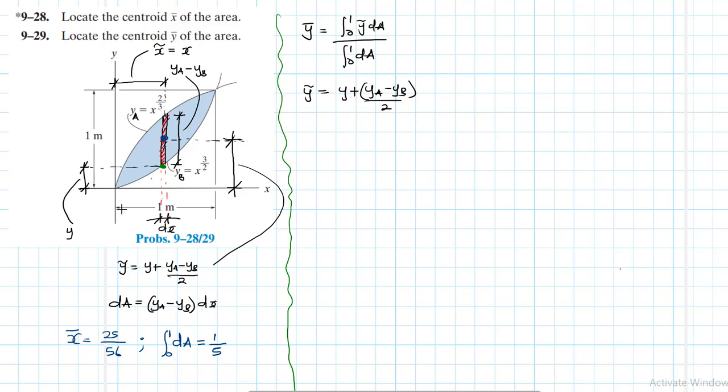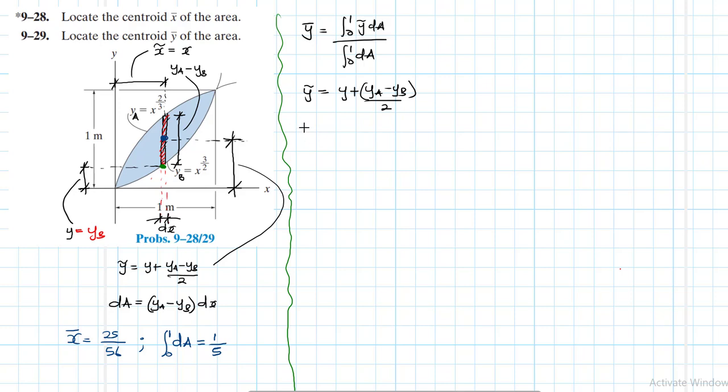But what is this y? This y here is being governed by this lower curve, right? You accept? Okay, sure. And therefore this y is going to be equal to yb.